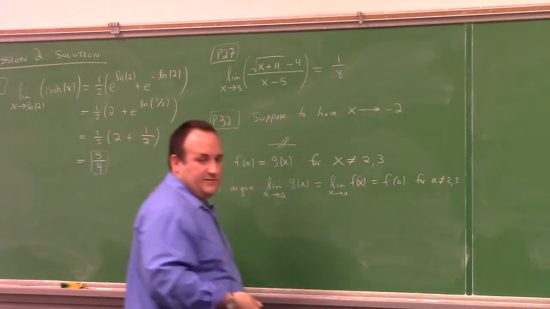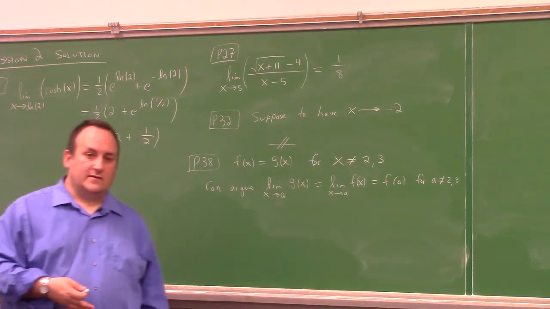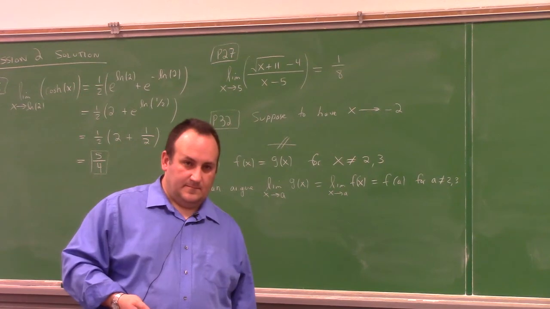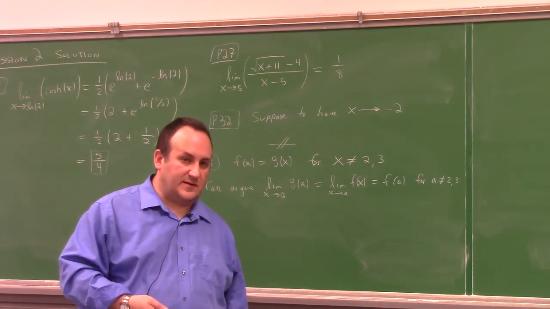For a not equal to 2 or 3, you can just plug in those values. If you look at the formula, the denominator factors into x minus 2 times x minus 3, right?